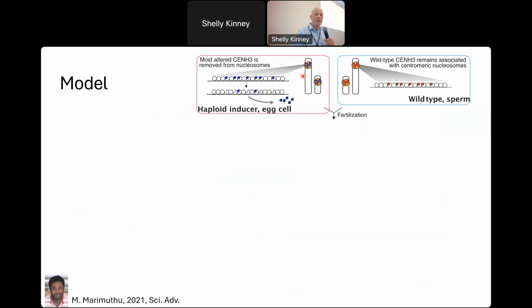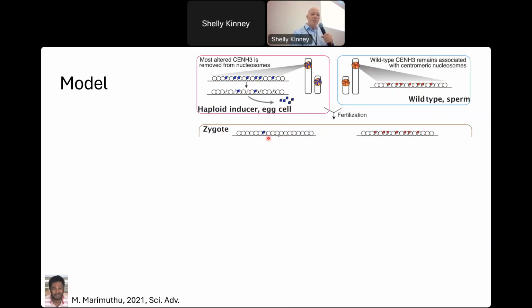So the model goes like this. At the time of egg formation, the system recognizes the altered SNH3 and strips it off, while on the wild-type side, you leave the SNH3 on the centromere. In the zygote, there are two centromere types.